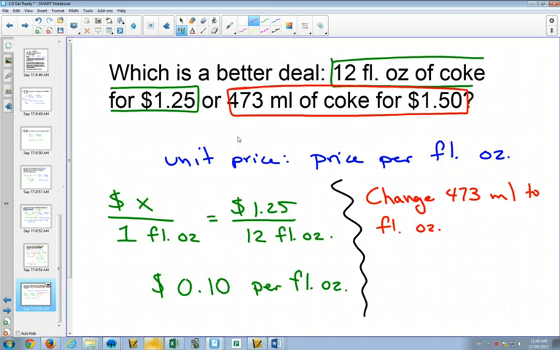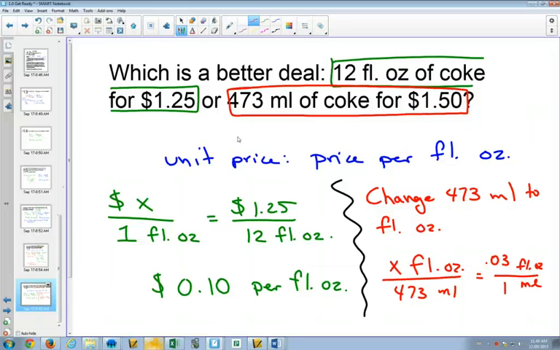We want to know how many fluid ounces is 473 mils. And what does our formula sheet say? 0.03 fluid ounces is 1 milliliter. So you could use that one.